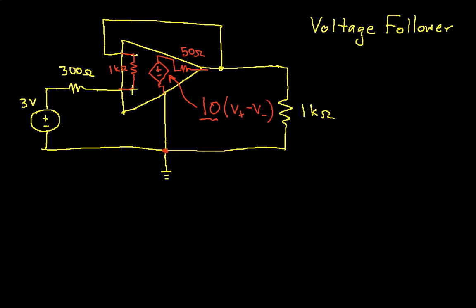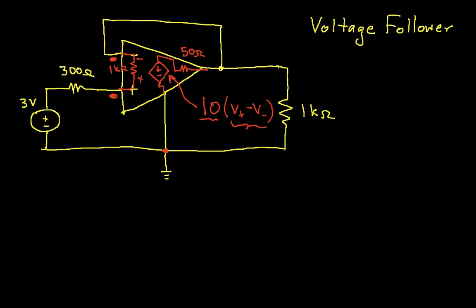So now, in principle at least, we have enough information to solve the circuit. But to make sure it's clear, I'm first going to label this term. The voltage across this 1 k ohm resistor is, in fact, V plus minus V minus. It's the voltage at the non-inverting input minus the voltage at the inverting input.